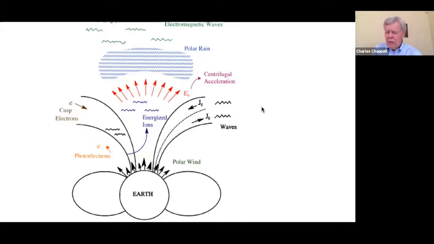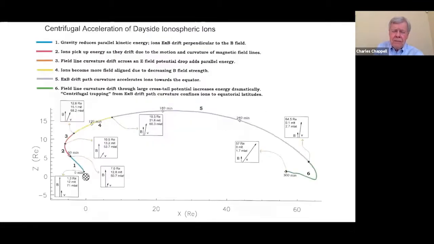But there's also a standard thing that energizes the polar wind continuously. This is an ion trajectory that was done by Matthew Huddleston in his PhD thesis looking at Polar data, the thermal ion dynamics experiment data on Polar, and modeling the trajectories. Work on this was also done by Jim Horowitz and several others, John Cladis.